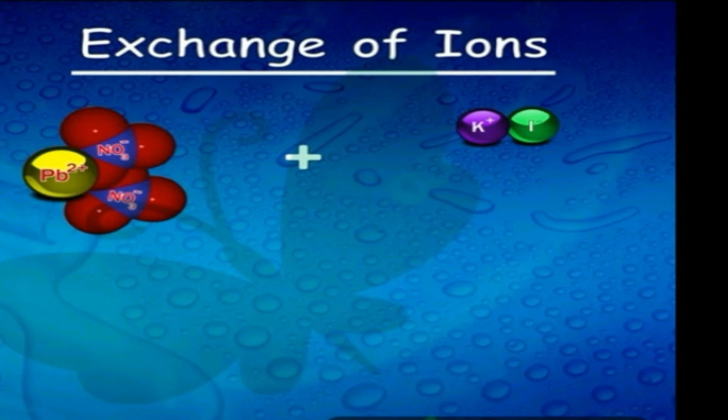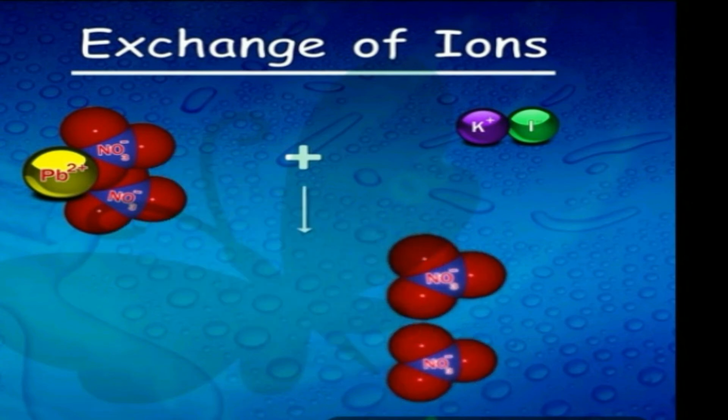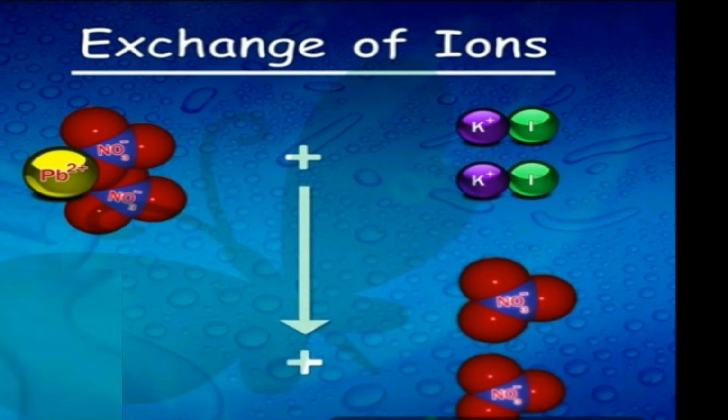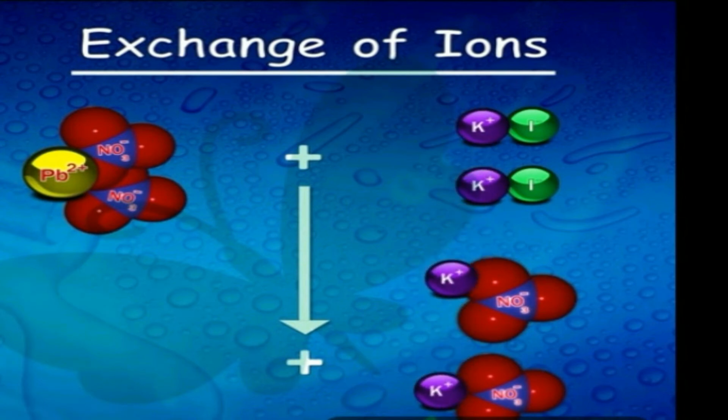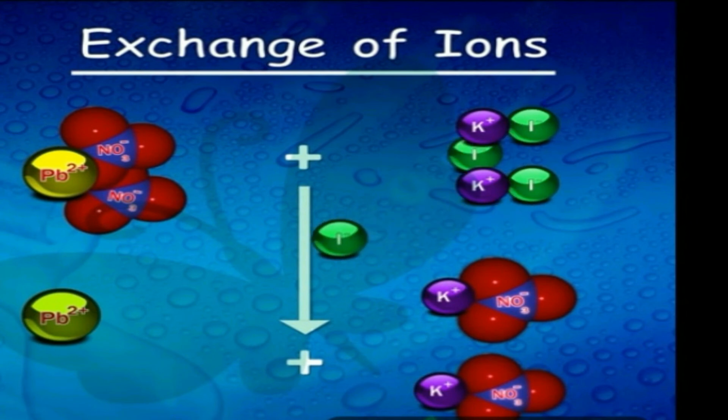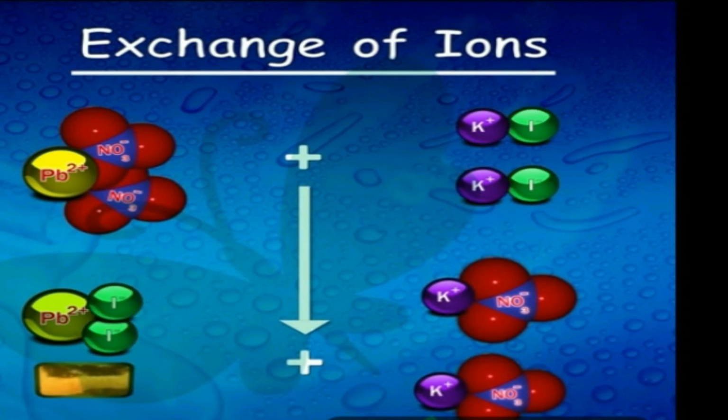Whenever they meet, an exchange of ions occurs between them. Lead nitrate gives nitrate ion and takes iodide ion from potassium iodide, leading to the formation of new compounds: potassium nitrate and lead iodide, the yellow precipitate.